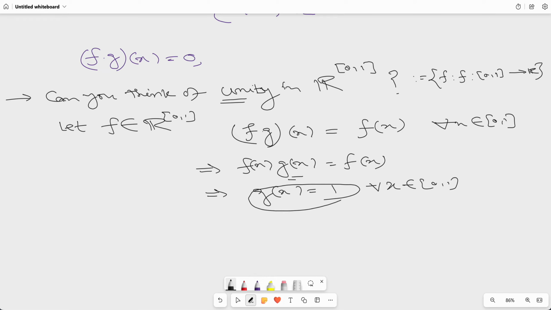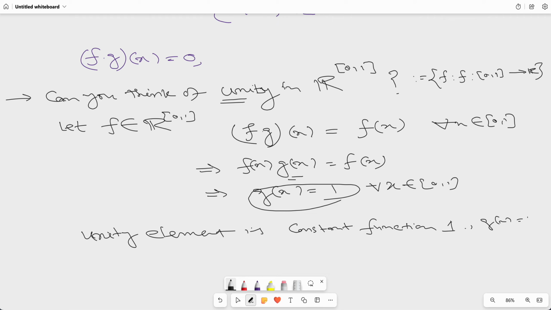For any f, you just take this constant function 1, the unity element will be that. So the unity element is the constant function 1. g(x) equals 1 is unity, right?